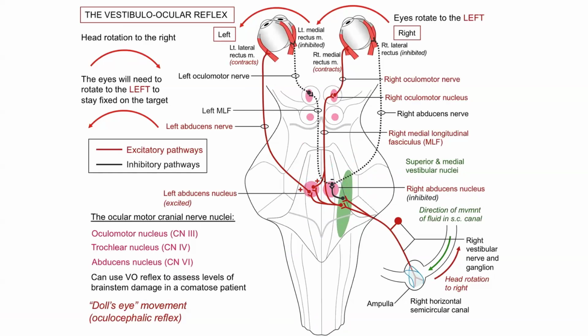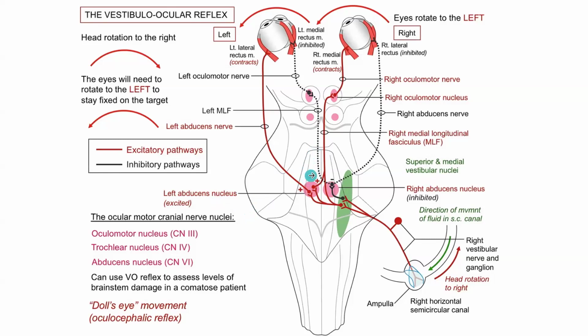And if I turn my head to the right, I'm obviously contracting my left eye's lateral rectus, right? So the way I'm going to do that is by exciting my left abducens nucleus and inhibiting my right. Because if I don't inhibit my right, my eyes are going to go sideways. Okay?